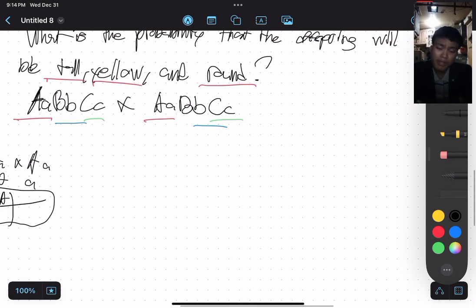Let's not forget the traits of each allele, so we're not going to mix things up when doing our Punnett square.